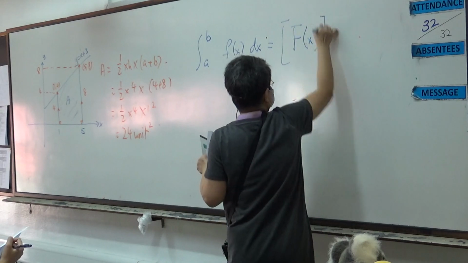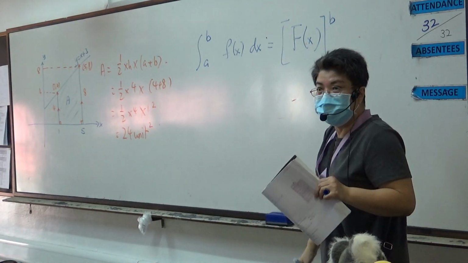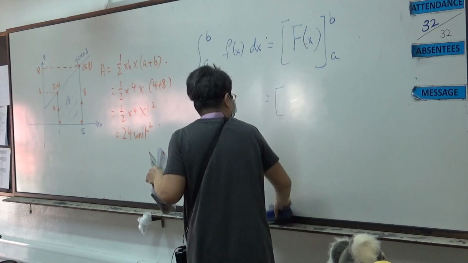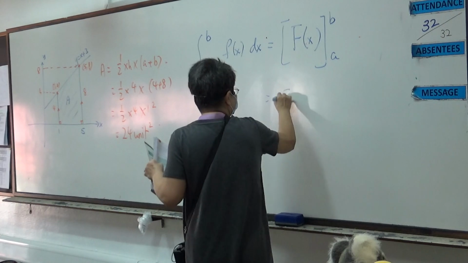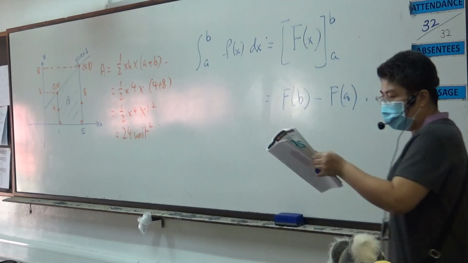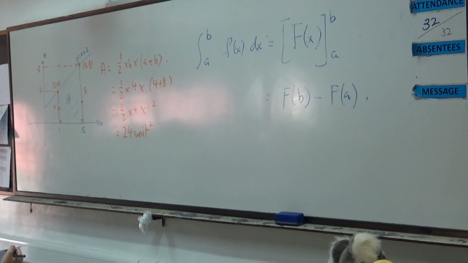Then I must put a square bracket, with a and b. Correct. And what's the meaning of this? This is when you take F(b) minus F(a), then it is a value. Are we clear? Can or cannot? Okay. Be sure you stop the video first.